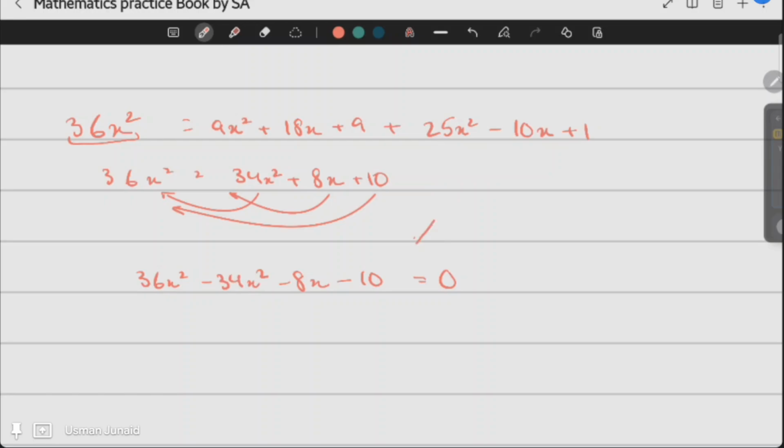Can you give me the solution for this? You'll have 2x squared minus 8x minus 10 is equal to 0. Yes? Now can you factorize this for me?